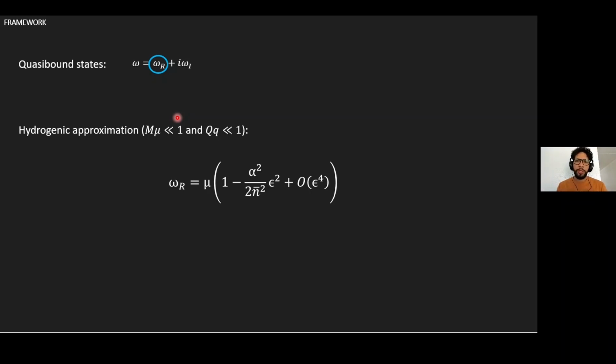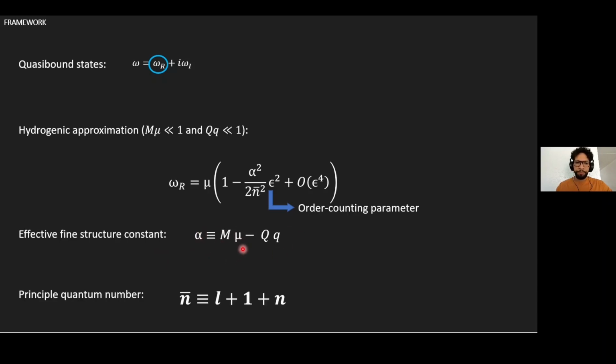So, a robust understanding of the real part of the spectrum can be gained by expanding the radial equation at large values of the radial coordinate. By using this approach, a discrete spectrum arises for the real part, where this term here is just an order counting parameter, and we define the effective fine structure constant in this way, and the principal quantum number is defined in the usual way, where L is the wave angular momentum and N stands for the excitation number.